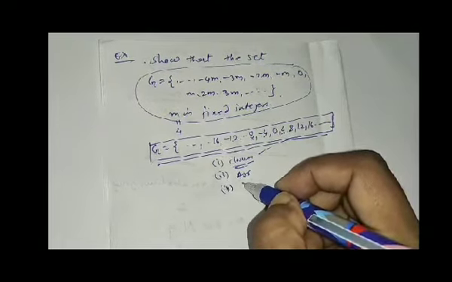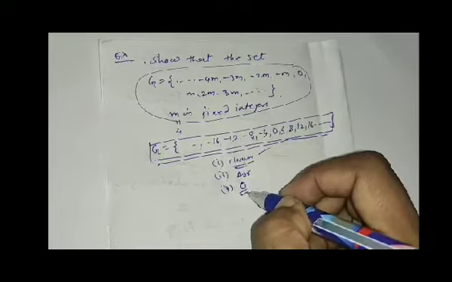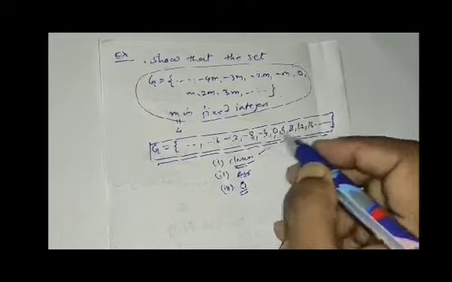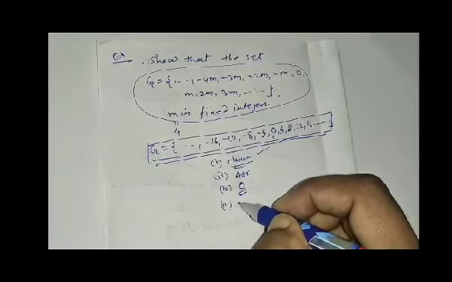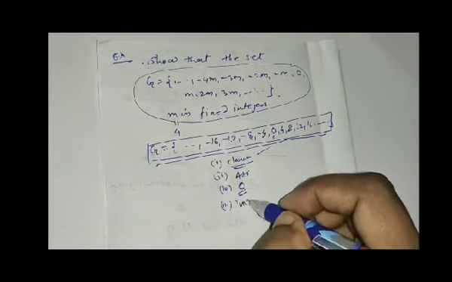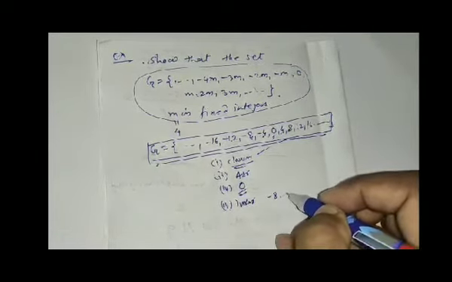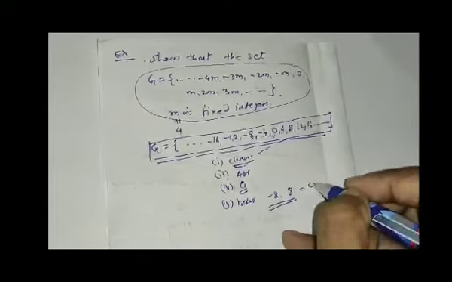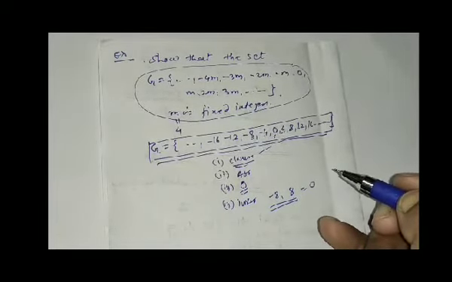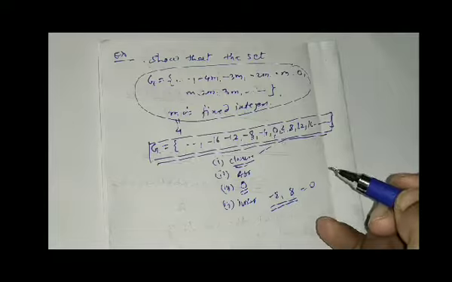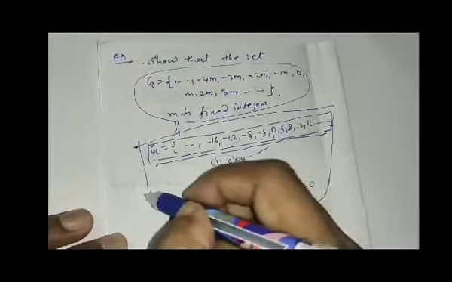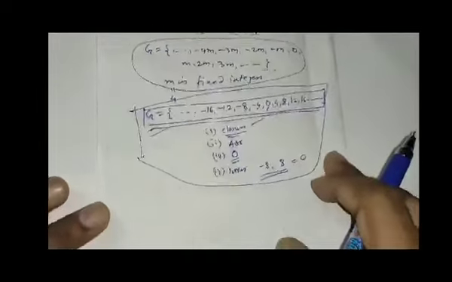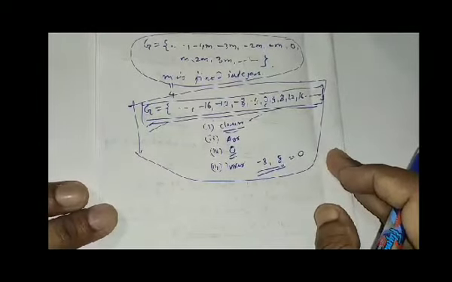What about the existence of identity? 0 is the identity, because if we add 0 to any number we get that number. What about the inverse? Minus 8 is the inverse of 8, because their sum is the identity, 0. So in this particular example, we found that the set G is a group.